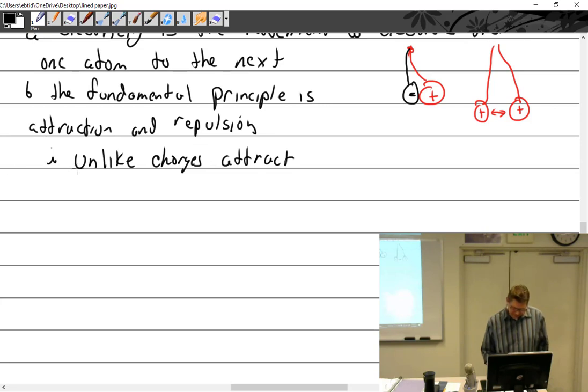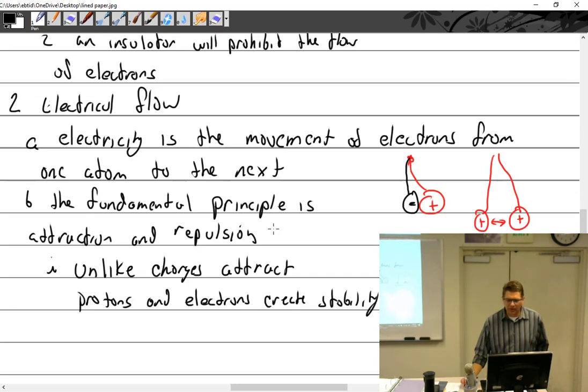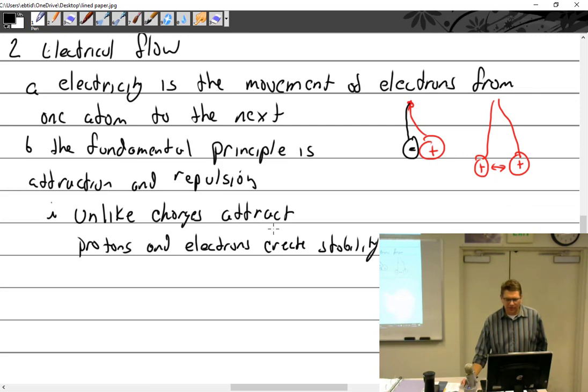All right. In addition, protons and electrons create stability. So inside of our atom, where we've got protons and neutrons, we've got the electrons rotating around.